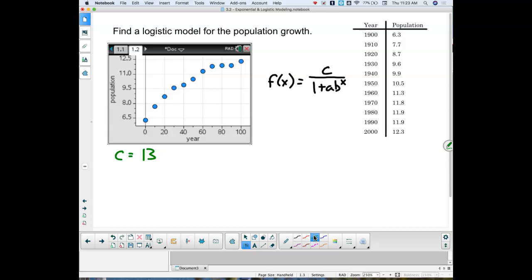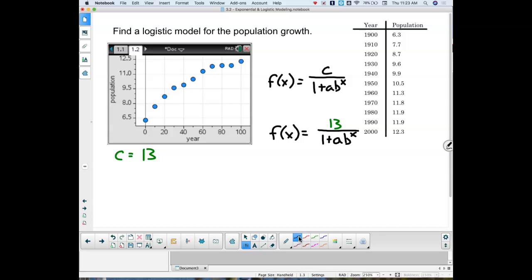Now my function is f of x equals 13 over 1 plus a b to the x power. Yesterday we developed a couple.